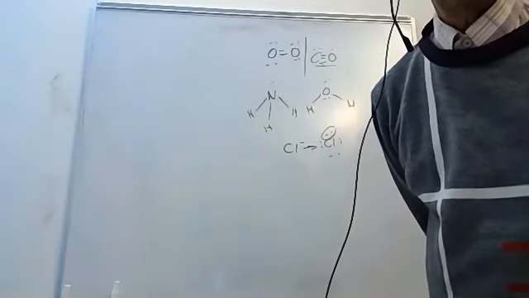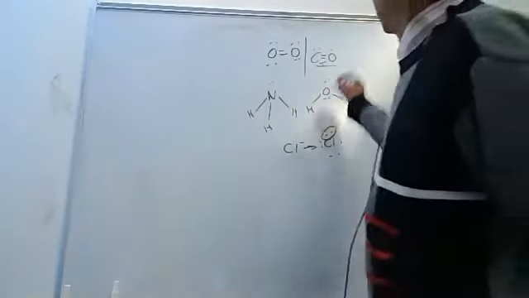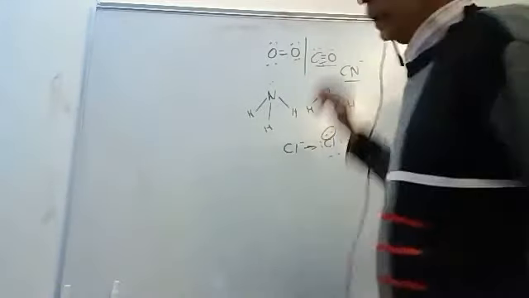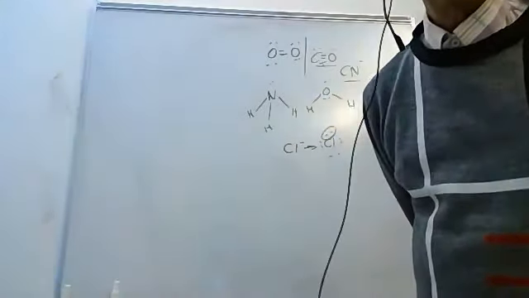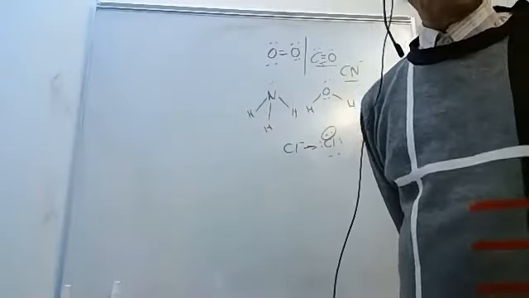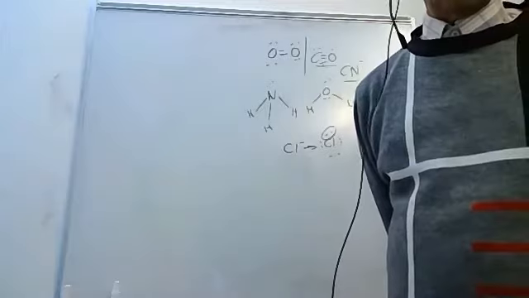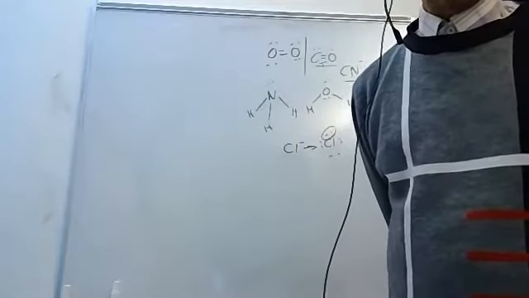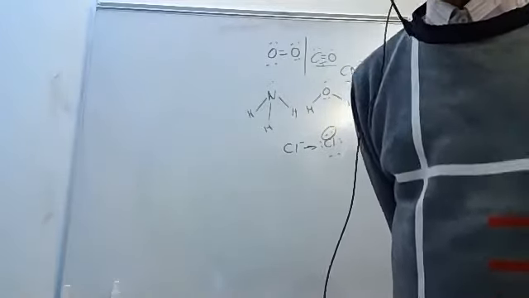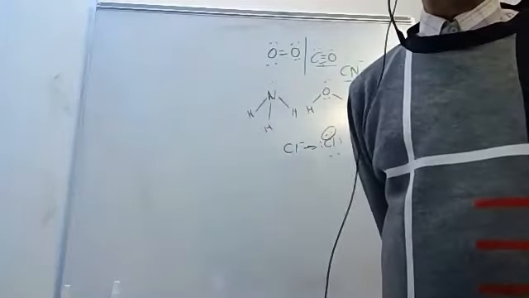slowly. The same thing happens with cyanide poisoning, CN minus. So when you have cyanide and oxygen, the cyanide binds with the metal or the iron of the heme preferentially and cuts down the supply of oxygen to the cells, causing death.